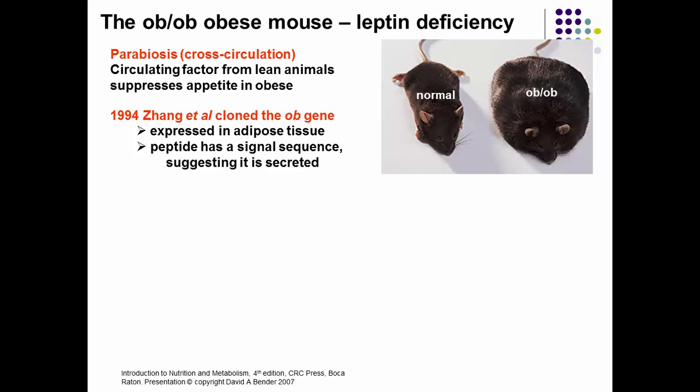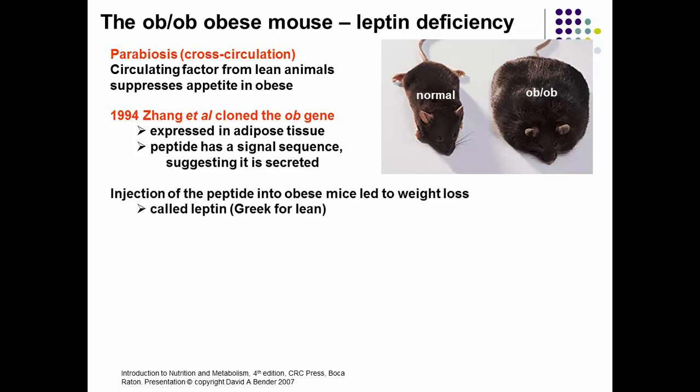They cannot control eating behavior. If we inject leptin into these OB/OB mice, it can reduce the body weight and rescue the obese phenotype. They reduce body weight and reduce food intake. So it's very interesting.